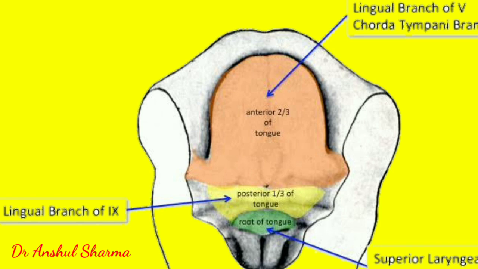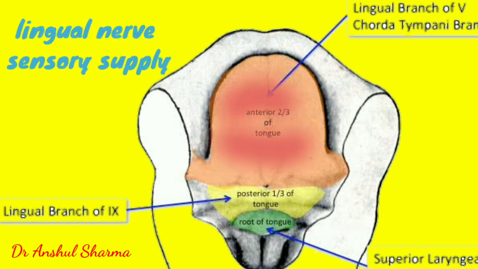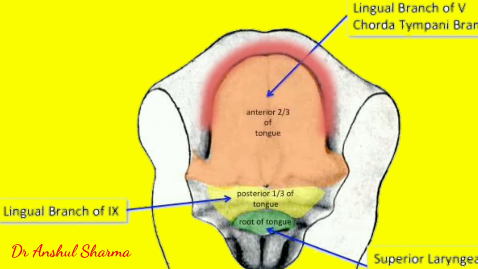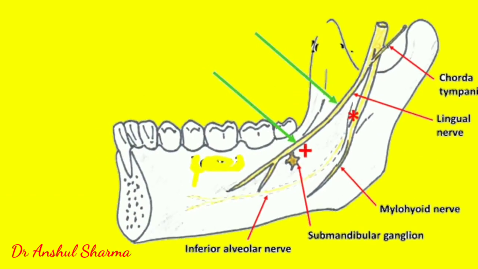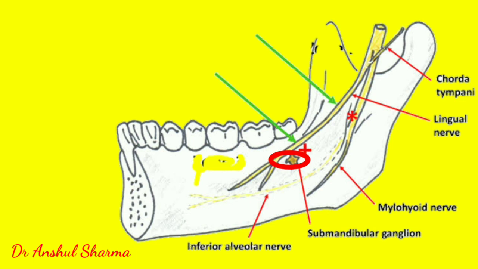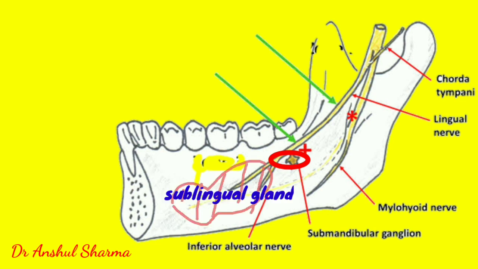General sensory fibers innervate the anterior two-thirds of the tongue as well as the mucous membrane lining its underside. The special sensory fibers carry on with the lingual nerve to provide taste to the anterior two-thirds of the tongue. The autonomic fibers branch to synapse at the submandibular ganglion, which eventually innervates the submandibular and sublingual glands.